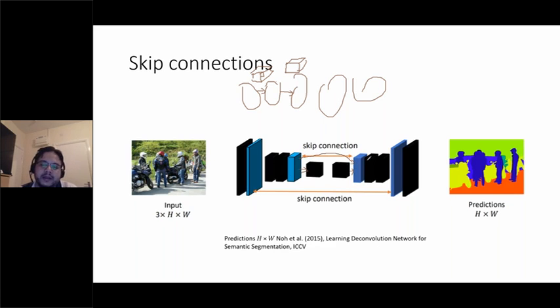Sorry, this layer will take this output from here as an input, and also this. So it will take two sets of information, two cubes that are the same size. One is coming from here and one is coming from here. So it will just be a bigger cube, something that is wider.